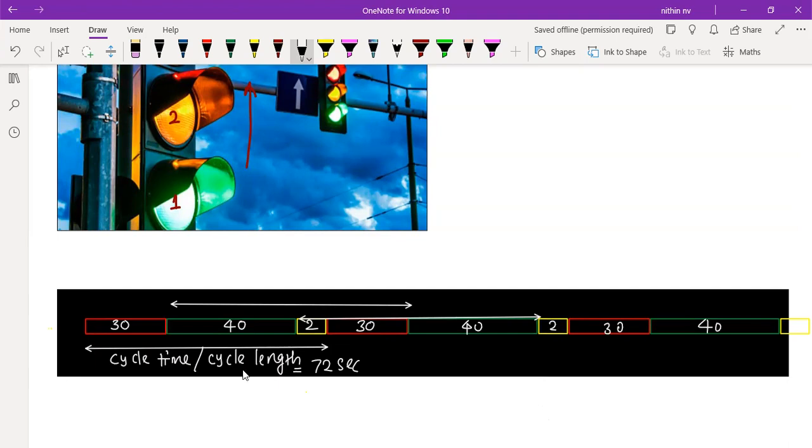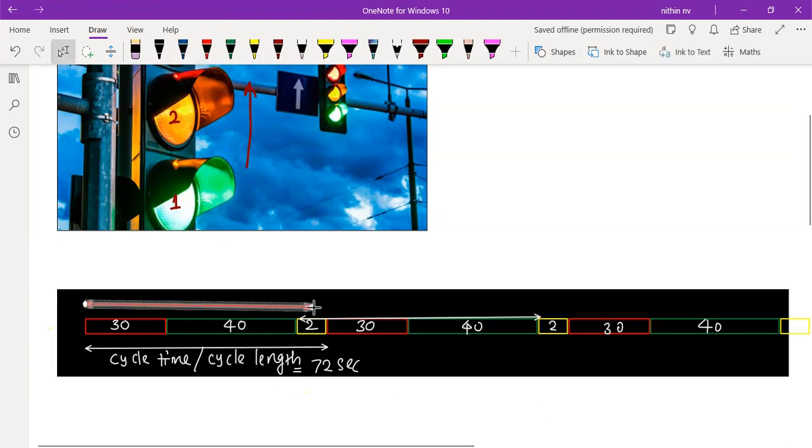So just for the sake of making a definition, what we generally define as a cycle length is the duration from the beginning of one red signal to the beginning of the next red signal. What is the meaning of that? See how we define a signal cycle: from the starting of a red signal to the starting of the next red signal.